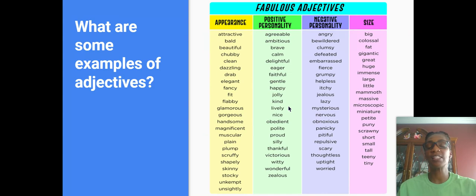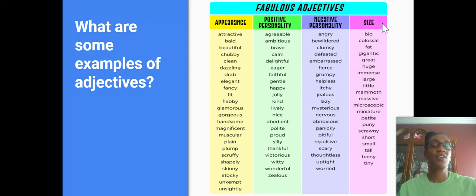Those are some things that describe someone's personality. Do we have someone who has a negative personality? Angry, fierce, grumpy, itchy, jealous, lazy, scary, uptight, worried. So those are some negative personality descriptive words, or adjectives.